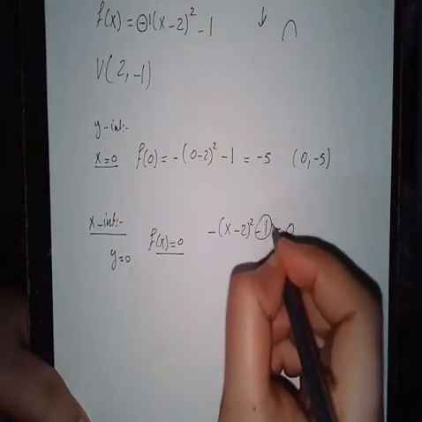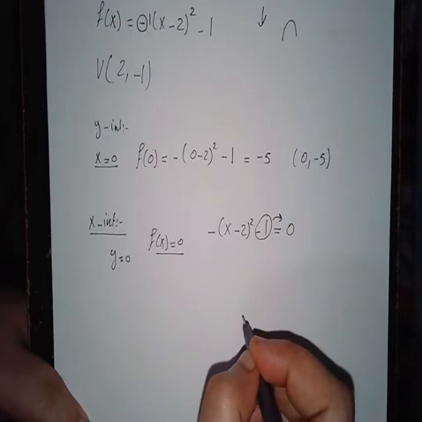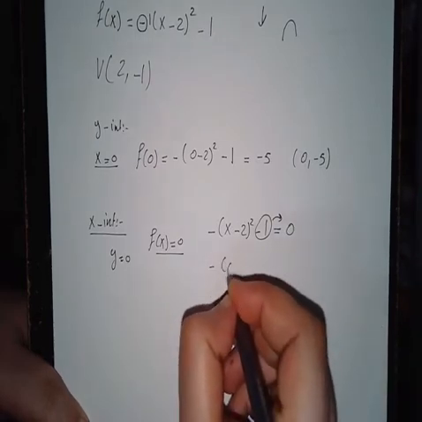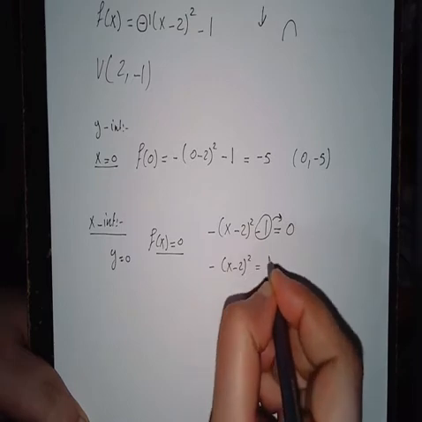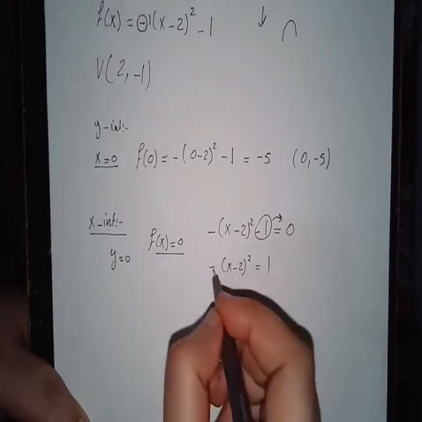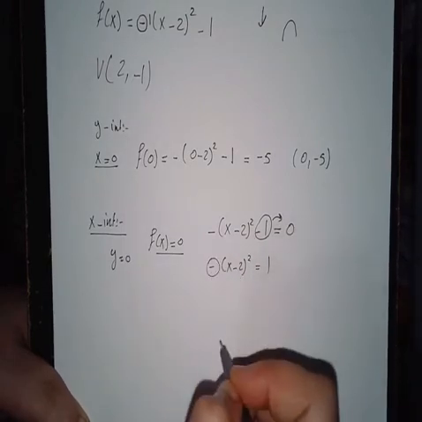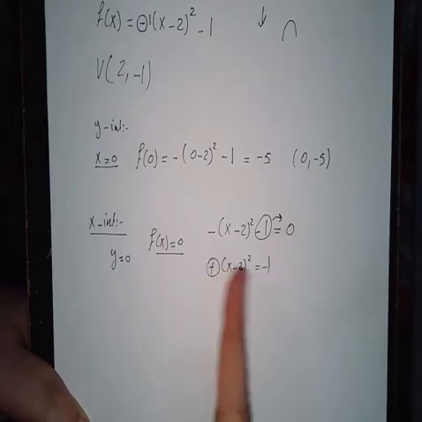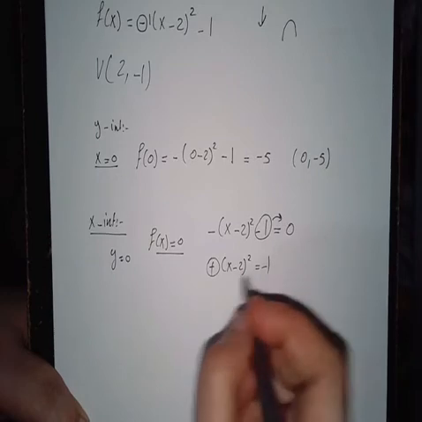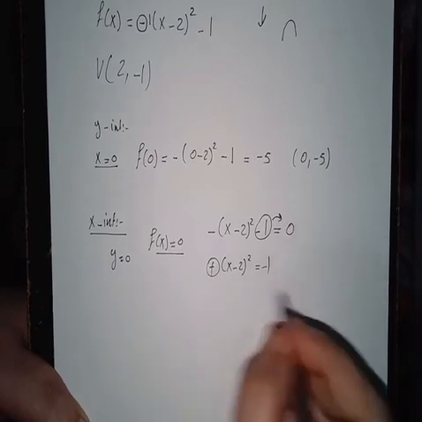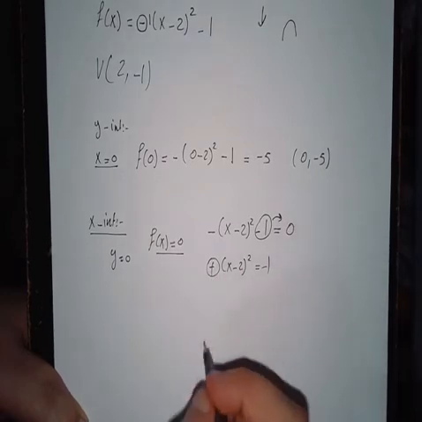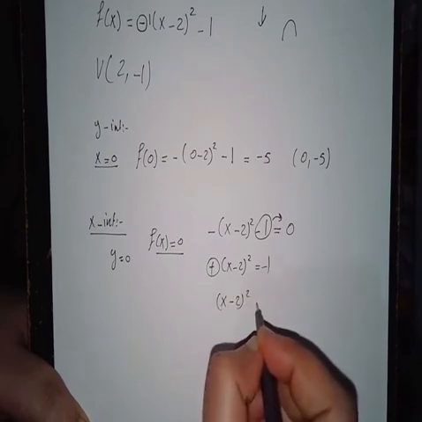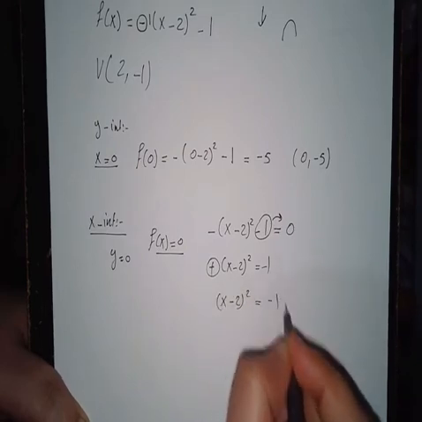So I'm going to grab the negative, move it to that side, it turns positive, right? So you have negative x minus 2 squared equals positive 1. Now, since we have a negative on this side, I'm going to multiply both sides by negative 1. So I'm basically flipping the signs. This turns positive, that turns negative. Or you can divide both sides by negative 1. Still works. So, the final result would be the same pair, positive this time, equals negative 1.